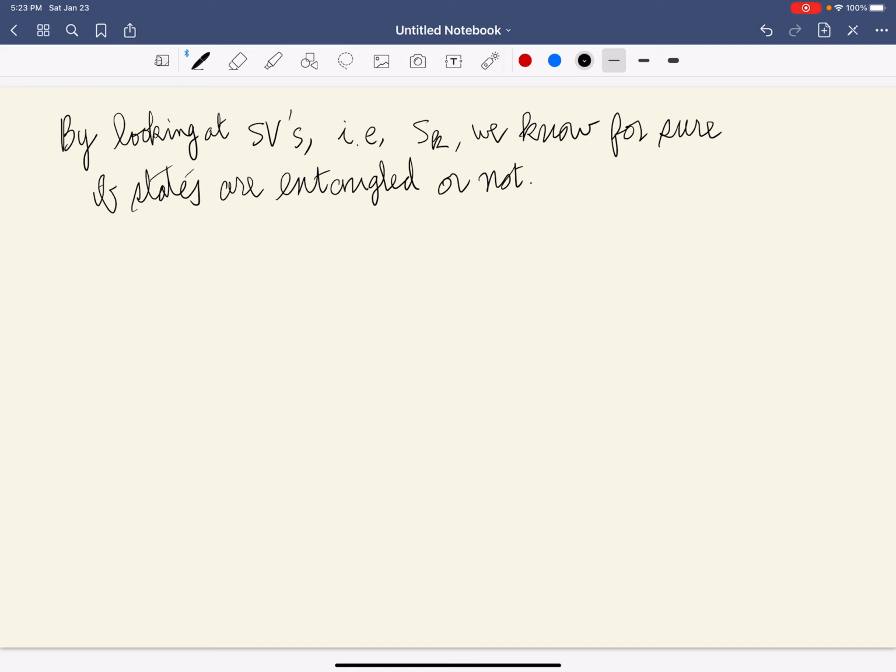And when, having gone through this analysis, you find that this diagonal matrix has more than one non-zero singular value, then the state is entangled. Because what it means is that it's impossible to put this state into some sort of product form by any rotation of the basis.